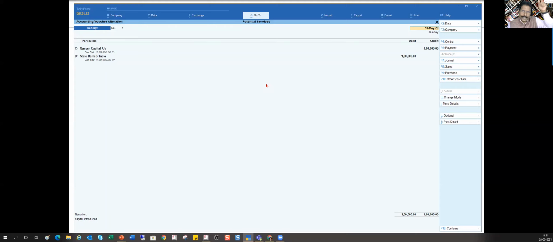So just recall our fundamentals of accounting, the golden rule, right? Credit the giver, right? So capital is being introduced by the person, Mr. Ganesh. So I'm crediting him, and the money is coming into the bank. So debit what comes in, which is the golden rule of a real account.